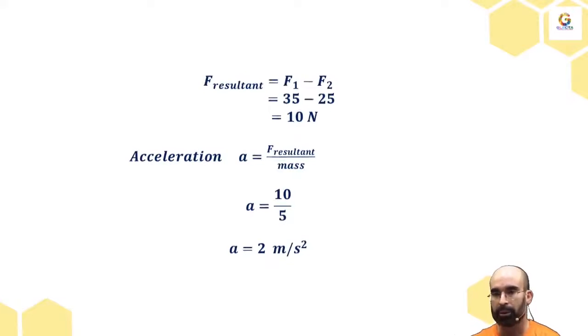We can have the equation in this manner: a equals F resultant divided by mass. So it is going to be a equals 10 divided by 5, that is equal to 2 meters per second squared. This is it for the session.